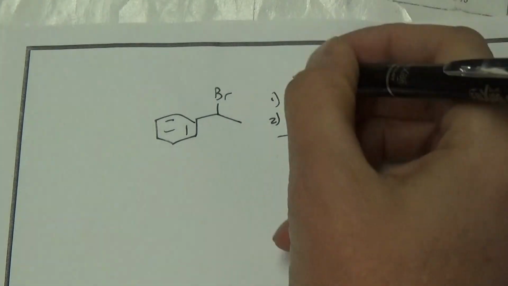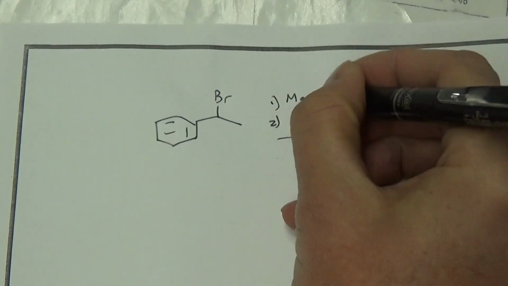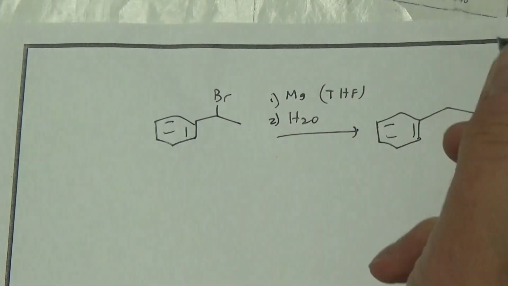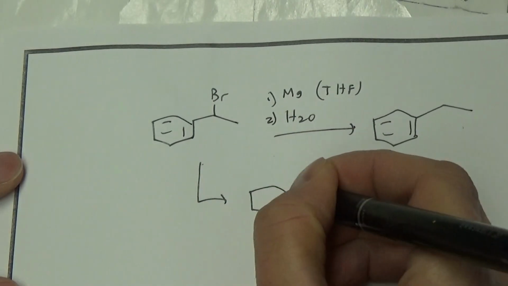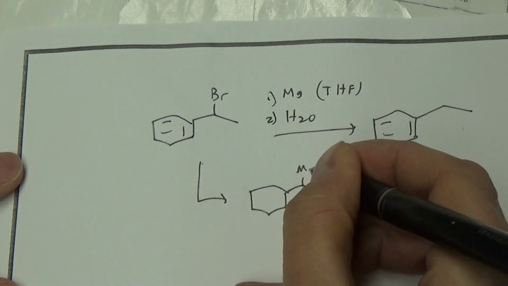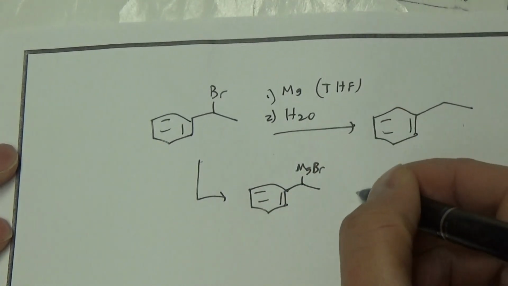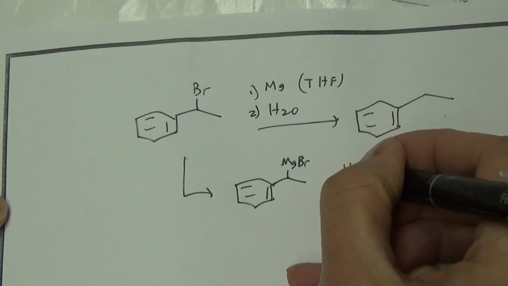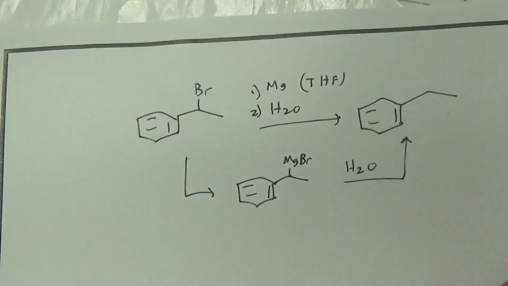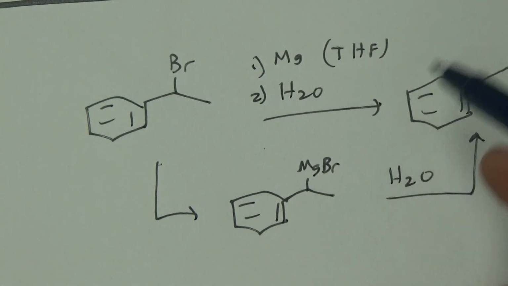Synthetically, I just say magnesium, THF, and then water. What that does is it makes a Grignard, a highly, highly, highly reactive Grignard, and then it grabs the proton because it's incredibly basic. That's a carbon with a negative charge.